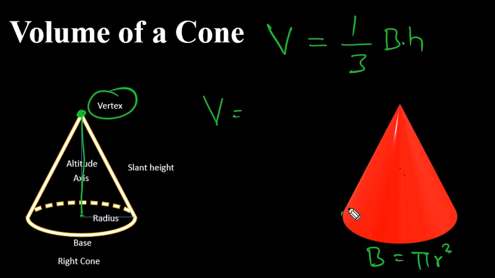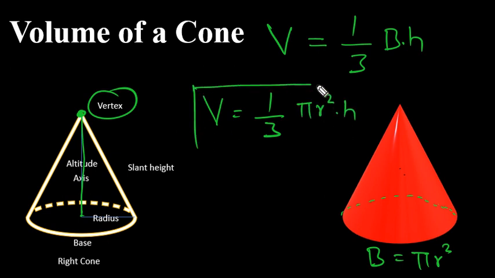So we can directly write 1 over 3 times pi r square times h. You can directly use this formula, or if you want to use the concept, it is 1 over 3 multiply base multiply height.